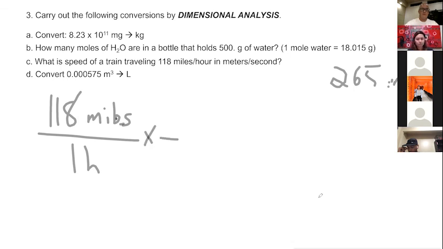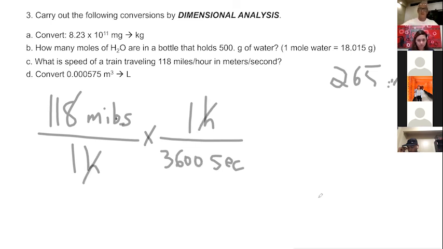The first thing to do would be to convert hours to seconds, right? How many seconds are there in 1 hour? 3,600. Yeah, 60 times 60. So that gets rid of my hours, and I've got seconds.